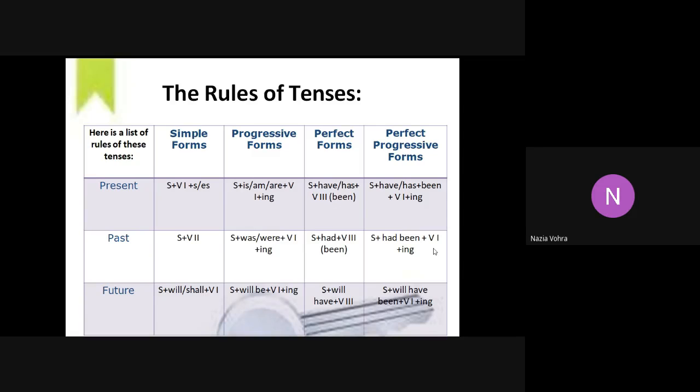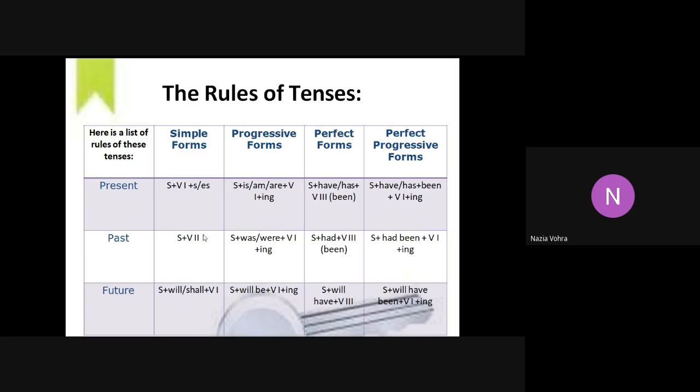So we make it a plural form at times, which would be a present tense. Verb one means the first form, the base form of the verb. The form of the verb does not change here. Clear?